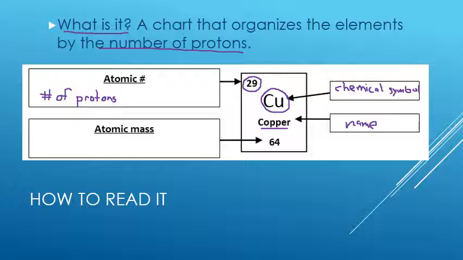And actually, in normal circumstances, the number of protons will also be equal to the number of electrons in an atom. That won't always be true, but for now, we will say that protons are equal to electrons.